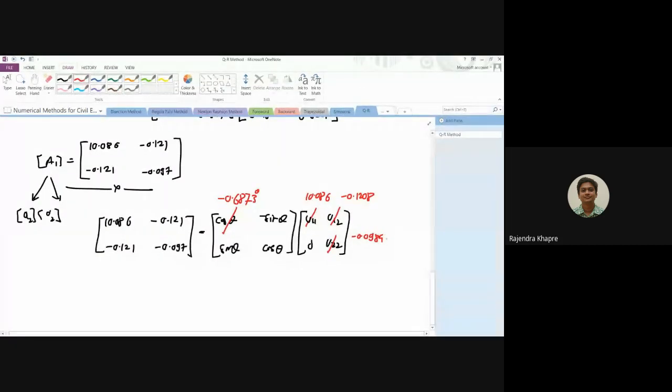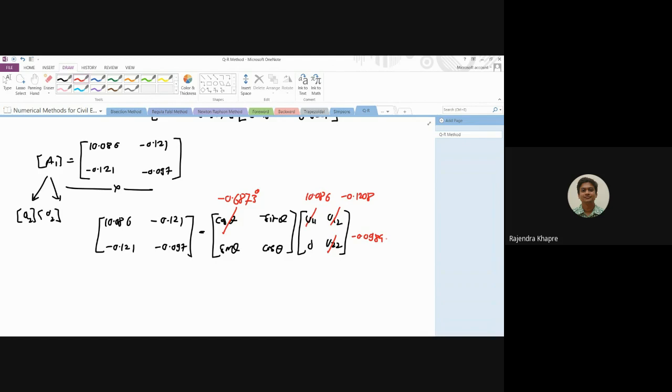Okay, so you see the Q matrix, Q2 matrix. Q2 matrix is cos of theta, minus sine theta, and cos theta. You already calculated the value of theta as minus 0.6873, which is very close to 0.